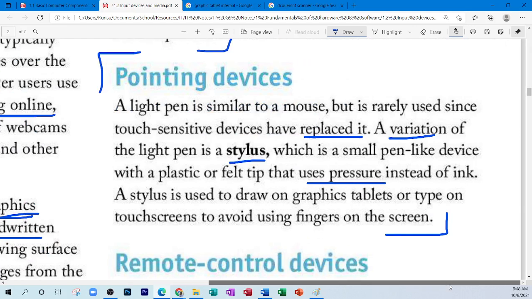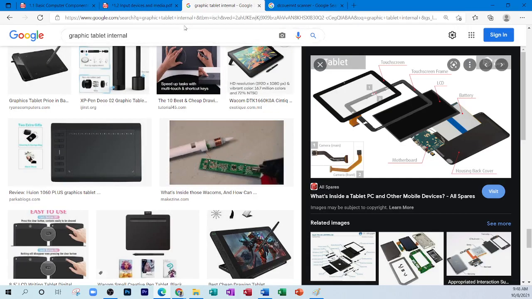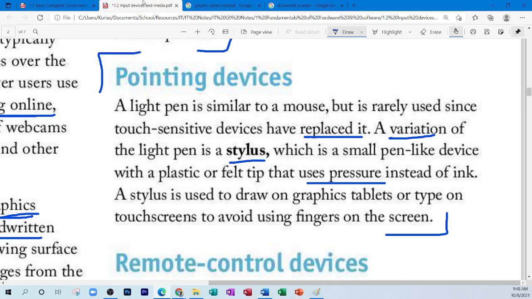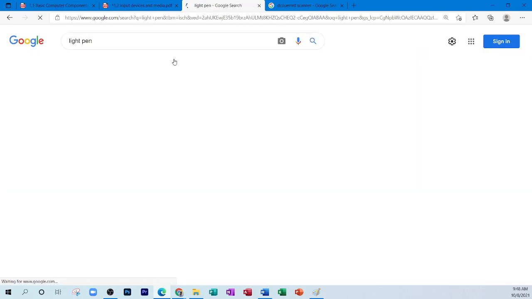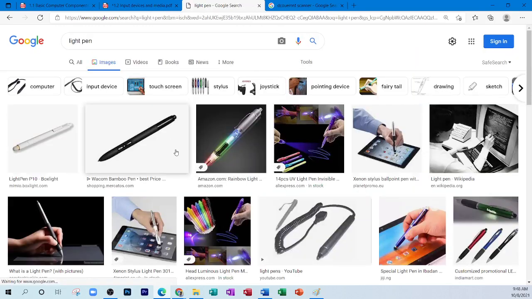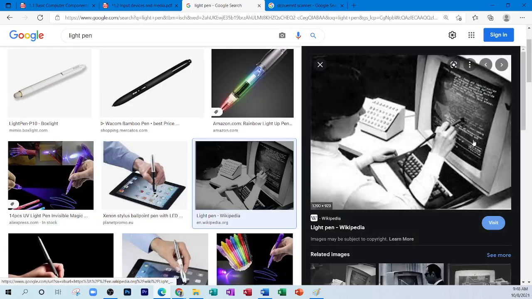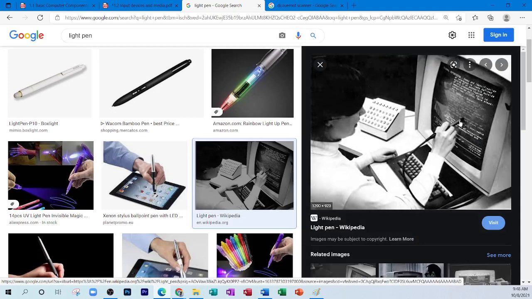So a pointing device, as the name indicates, it is used to point. A lot of the things in IT, as I mentioned already, the names basically indicate what they are used for. So the example of the pointing device is that light pen.